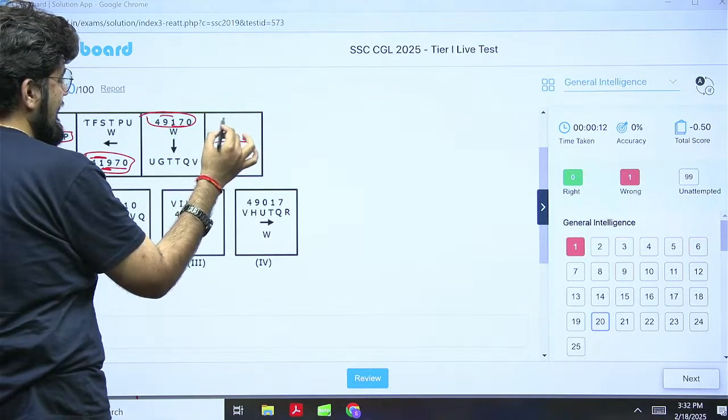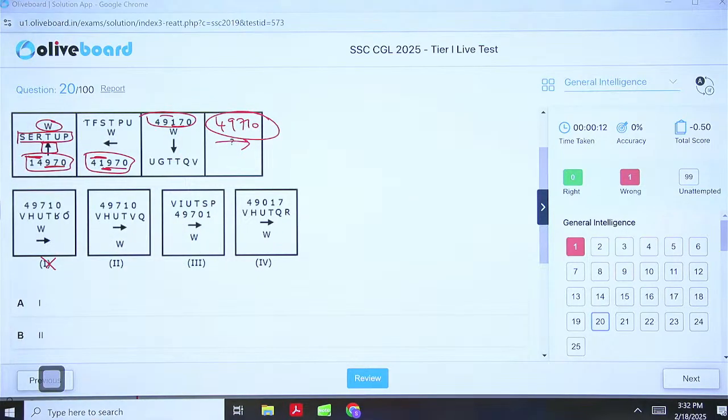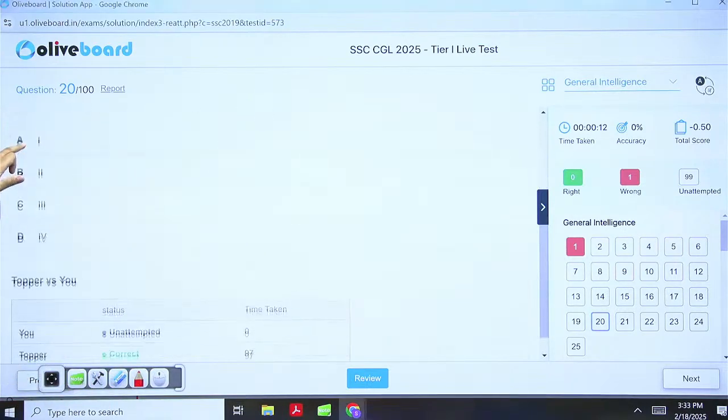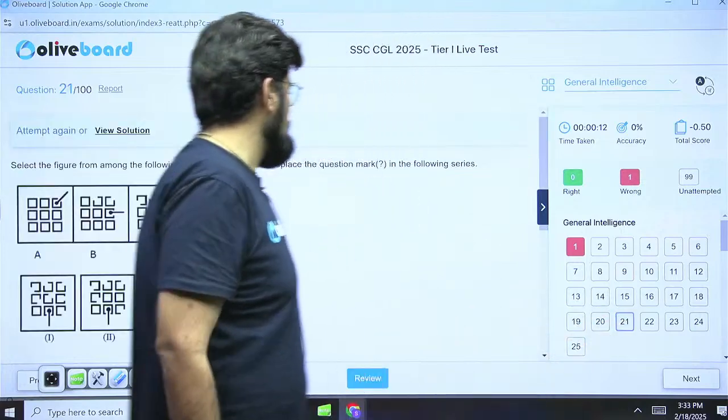So we'll definitely have 49710 as one of our options, which is here and here, but this has already been rejected. So figure 2 becomes our correct answer. You need not get into the complete details whatsoever. Quickly observe some elements and get your answer.